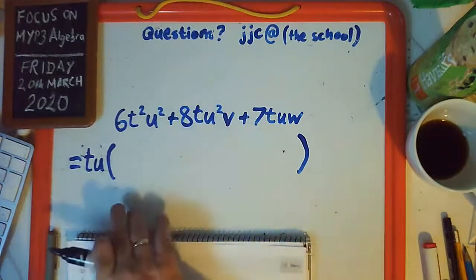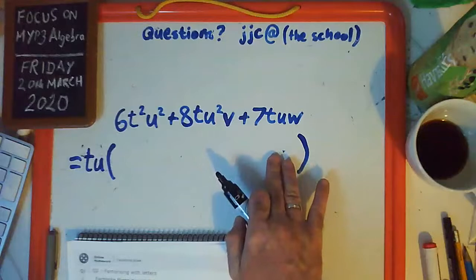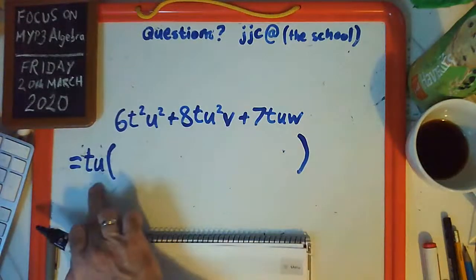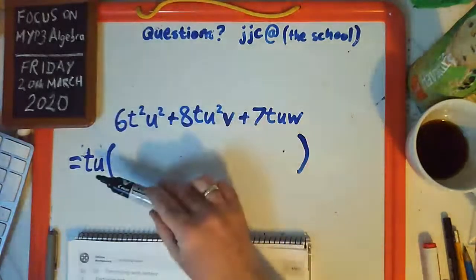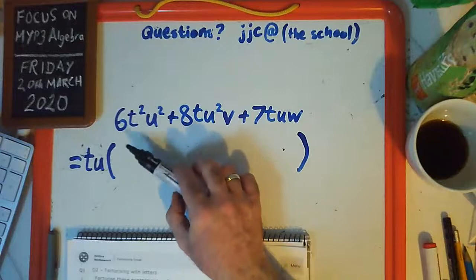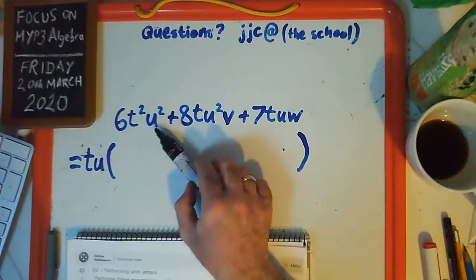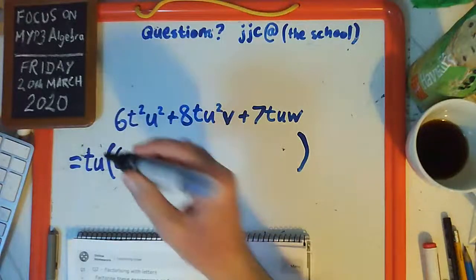So now I'm back to the brackets and trying to fill the brackets in with things that will multiply by tu to get what I started with. Okay, so tu times what inside the brackets will give me 6t squared u squared. Well, I'm obviously going to need 6 there.